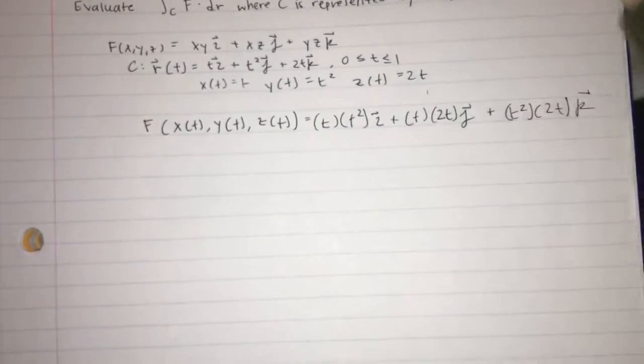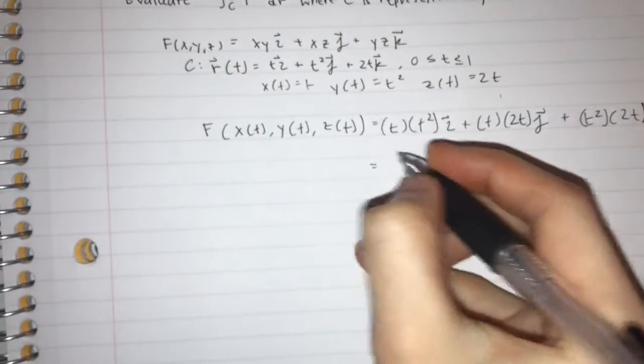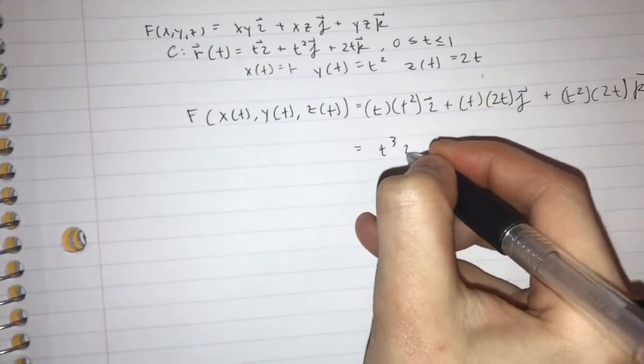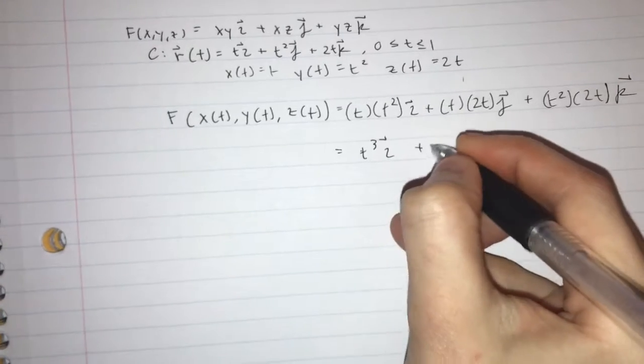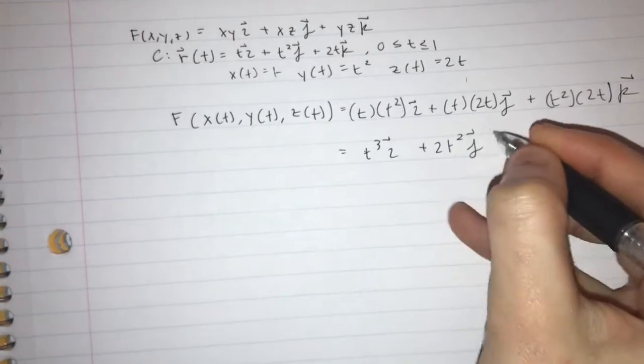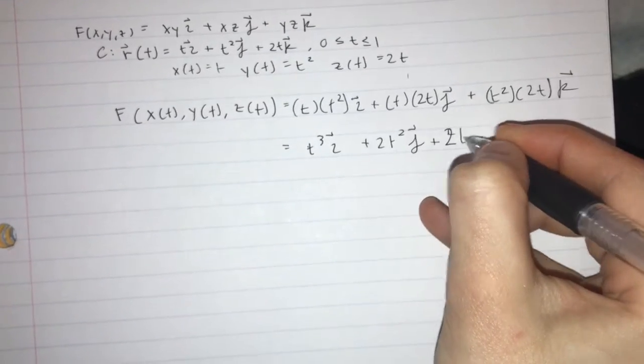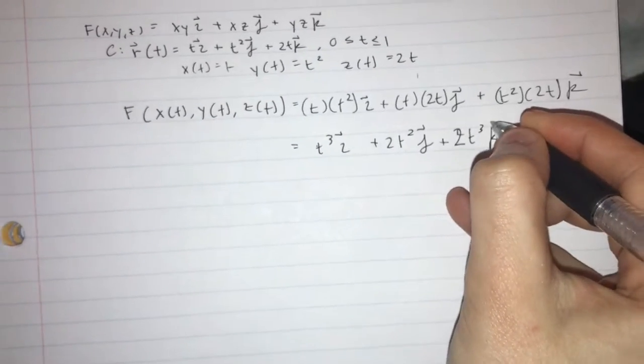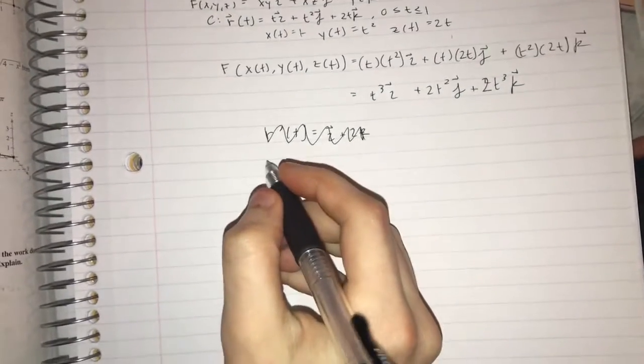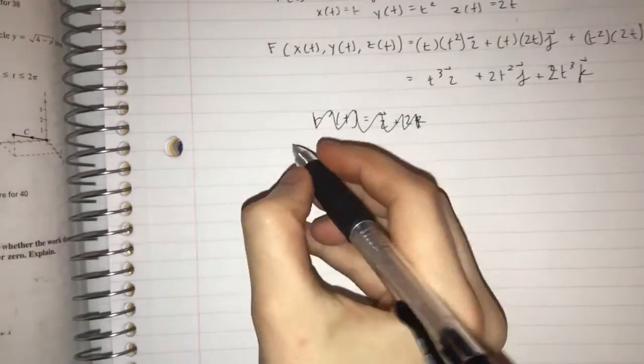Okay, alright, so that would equal t cubed i plus 2t squared j plus 2t cubed k. So the next step is to differentiate r of t with respect to t.